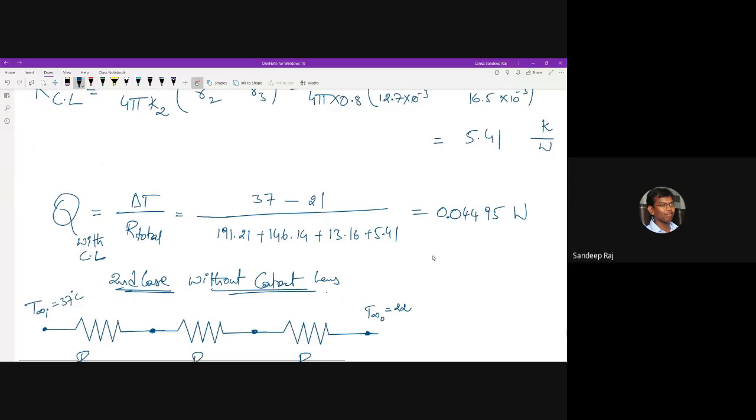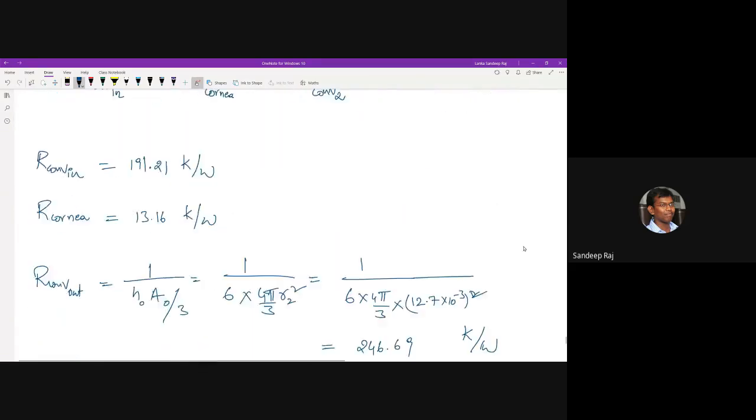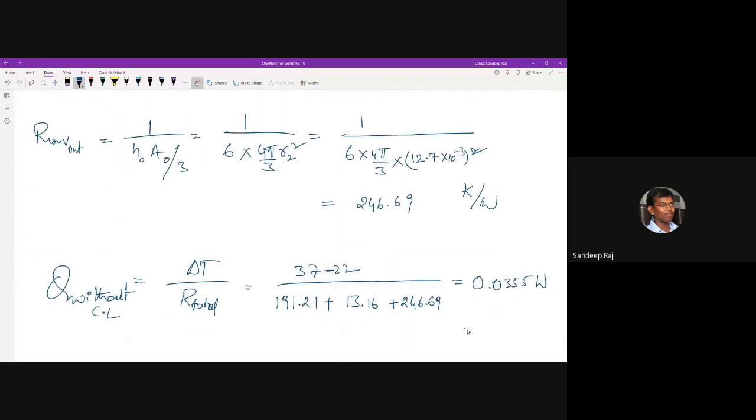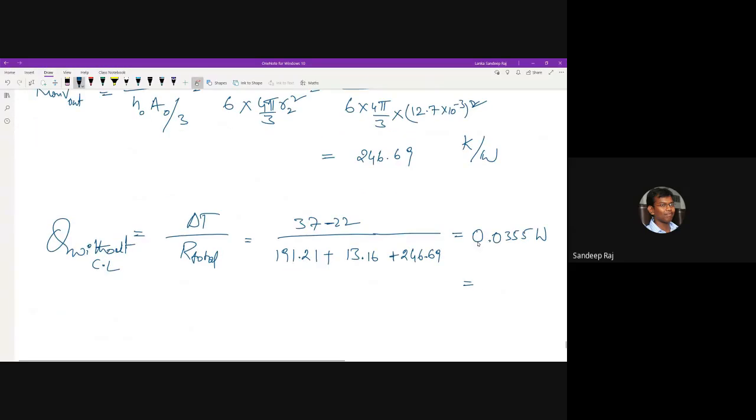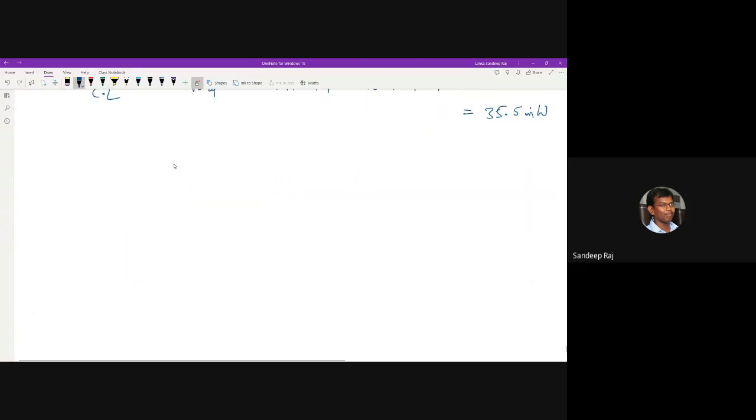Now, this I will write in milliwatts, and this will turn out to be 44.9 milliwatts. And here also I will take it as milliwatts, this will give you 35.5 milliwatts.